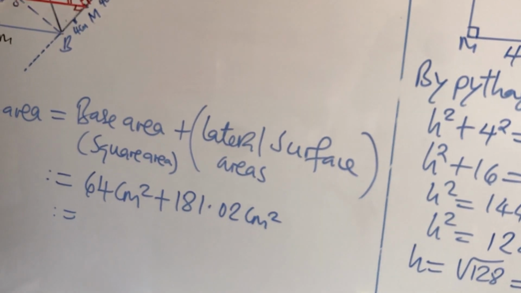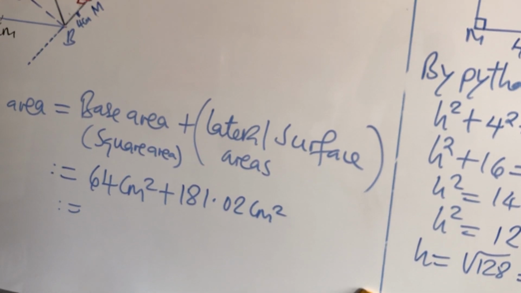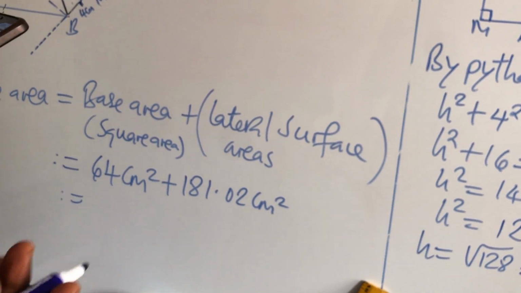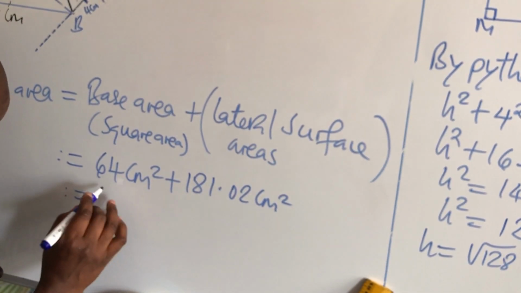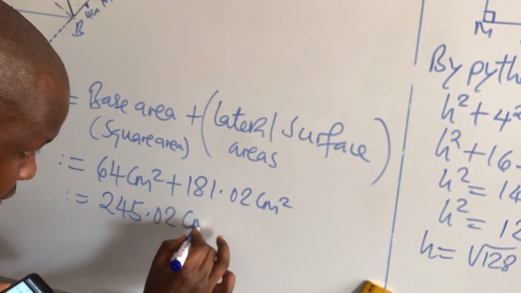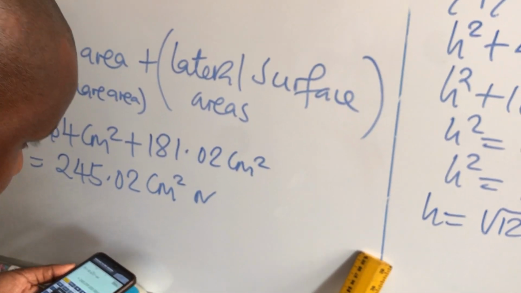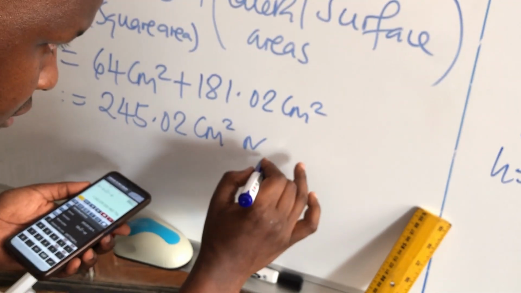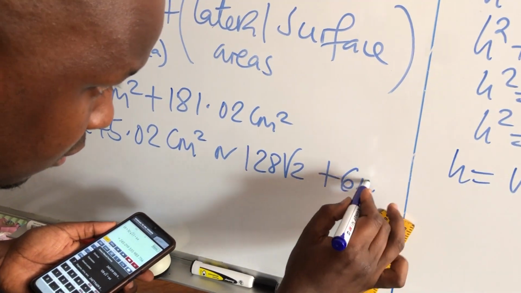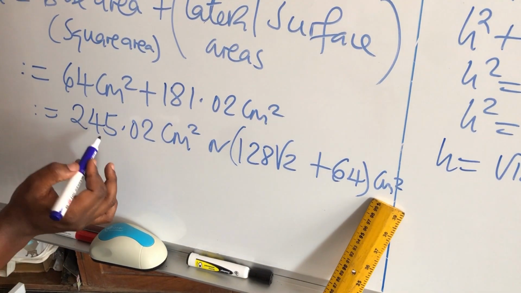So when we add here, it will be 245.02 centimeter squares. Or when you express in radicals, it will be 128 radical 2 plus 64 centimeter squares. So I think this will be the best.